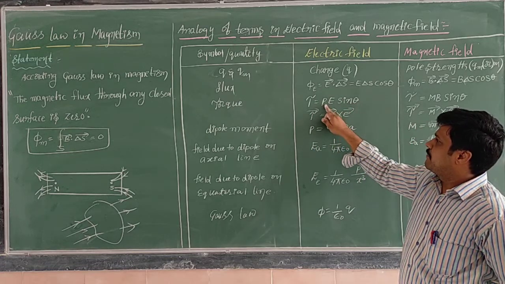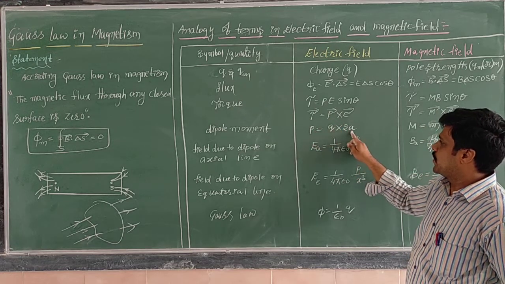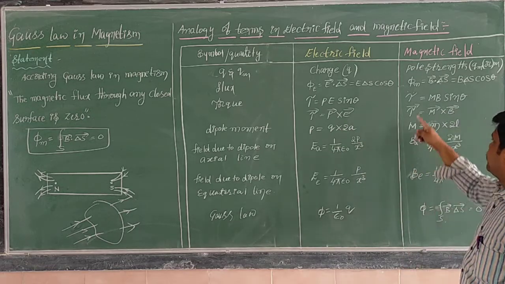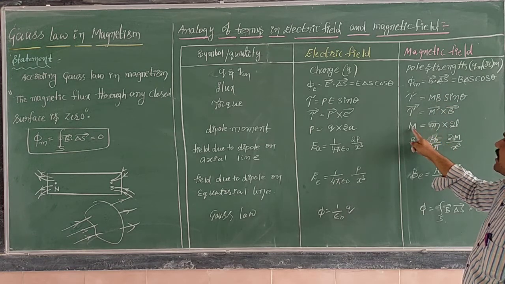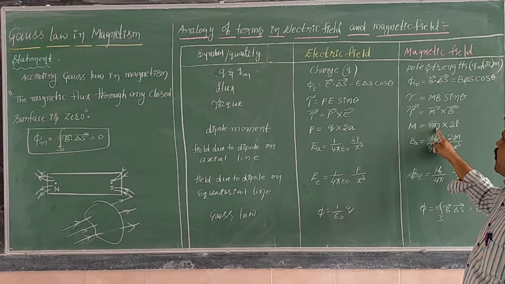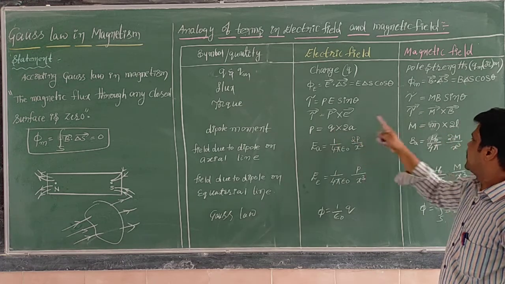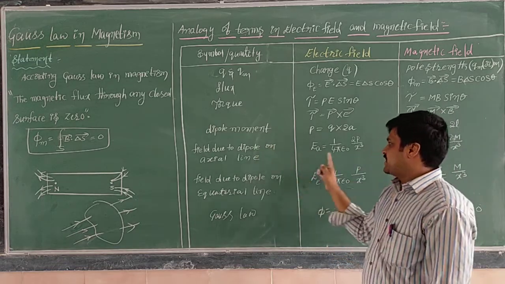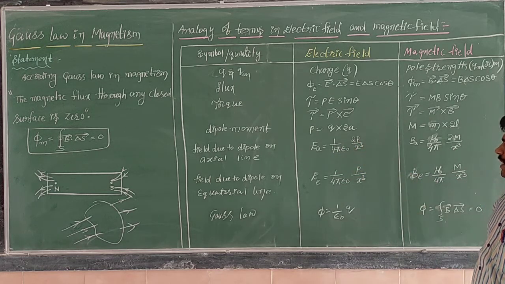Here p is the electric dipole moment, which equals Q into 2a, where Q is charge. Next, for magnetic dipole moment M, torque is MB sin theta, where M is the magnetic dipole moment, that is pole strength into 2l. Here Q is charge, here pole strength m. Field due to dipole on the axial line: in case of electric field, 1 by 4 pi epsilon naught, 2p by x cube.